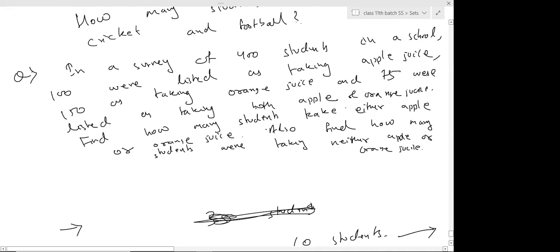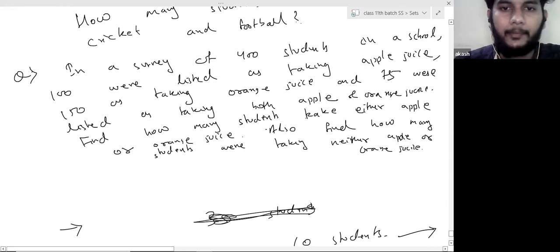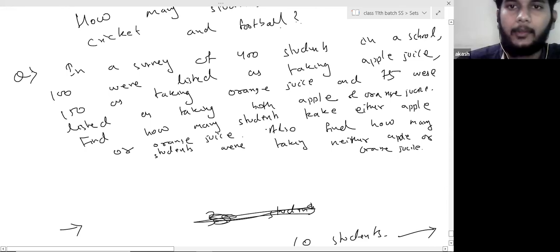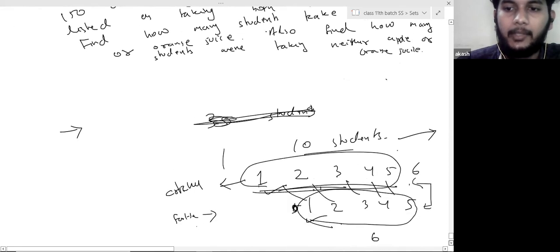I'm saying that 100 students were listed as taking apple juice and 150 were taking orange juice. Then the question says find how many students take either apple or orange juice. So the number is already given. No, no, no. See, that number is not given.